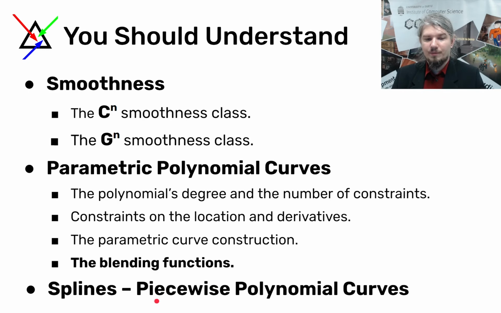We also learned about splines. Splines are also called piecewise polynomial curves. So we have a larger object where each segment is a polynomial curve, and these are connected. It might be connected in a smooth way, or there could be corners there. It all depends on what kind of a spline you created.